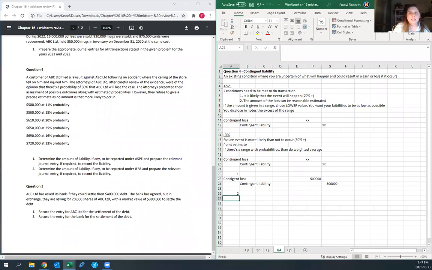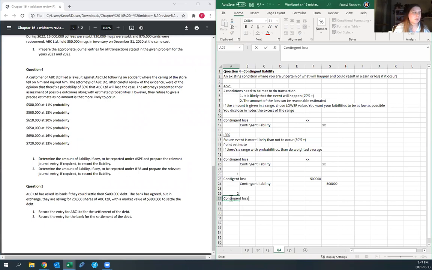For IFRS, it's more likely than not to occur, 50% or more, so that works. And if there's a range with probabilities, then do the weighted average, so that's what we're going to do for the amount.